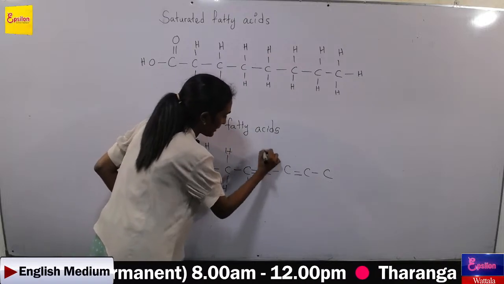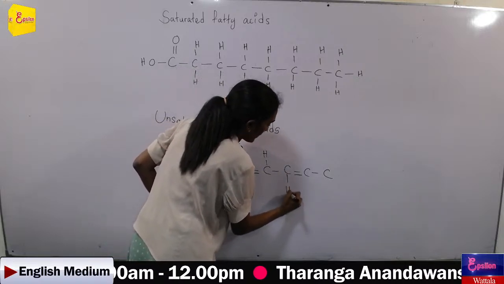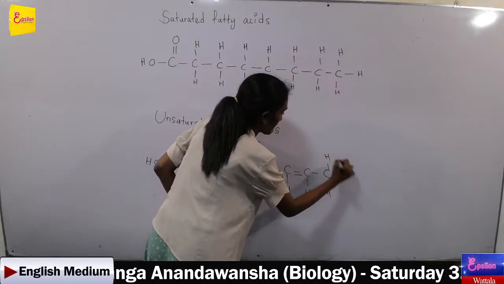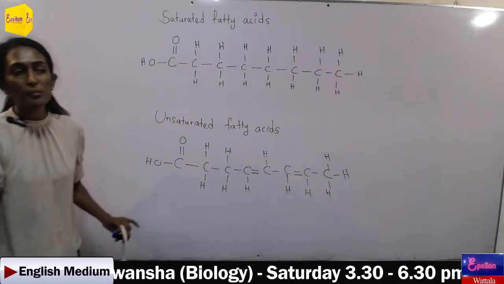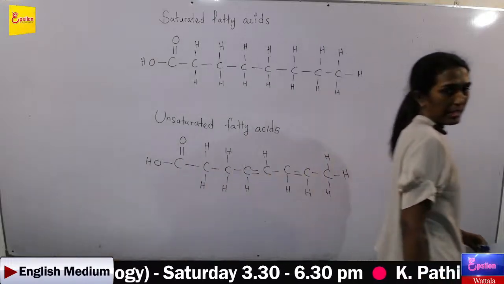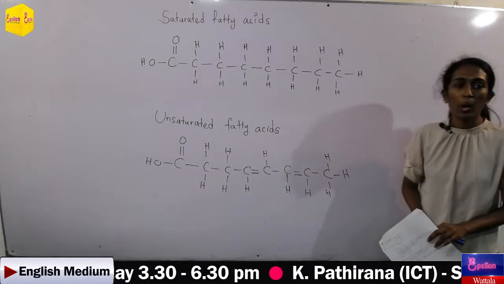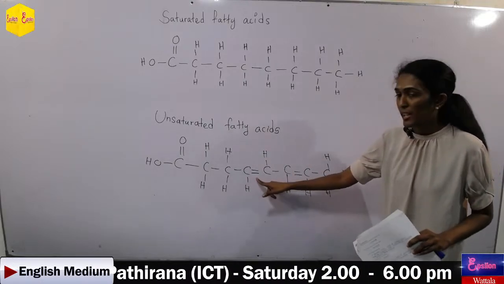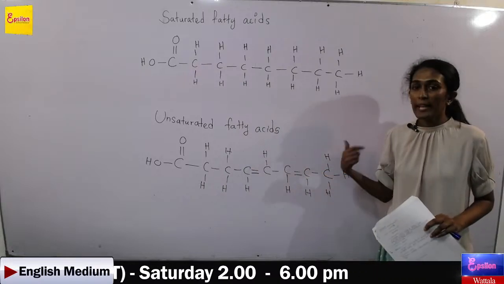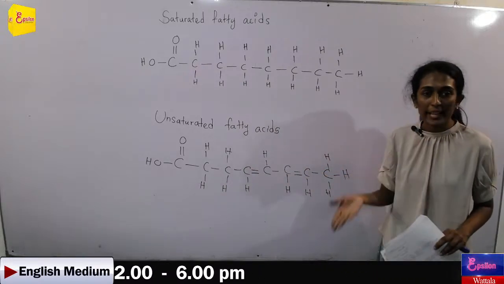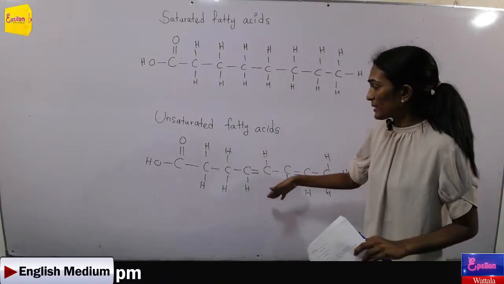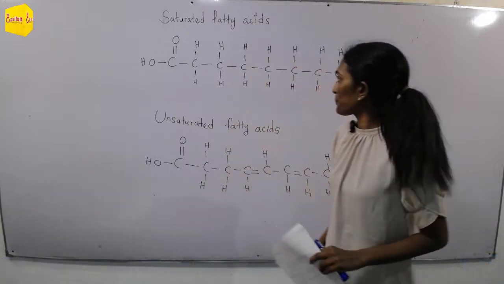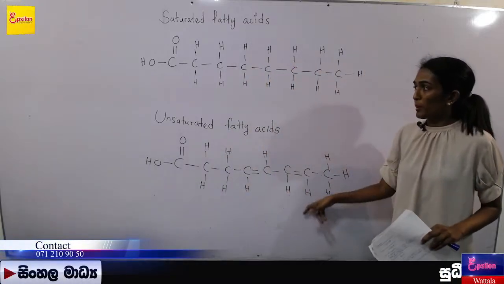Here it's 1, here it's 1, again 1, here 3 hydrogen, right? You can see one or more double bonds in the hydrocarbon chain. Those kinds of fatty acids we call unsaturated fatty acids. They still have the chance to break this weak double bond and add more hydrogen, forcefully add hydrogen there, okay? So they are unsaturated, not fulfilled. Understood now? Hurry. I'll explain more. Go to the writing book and draw these two and come.